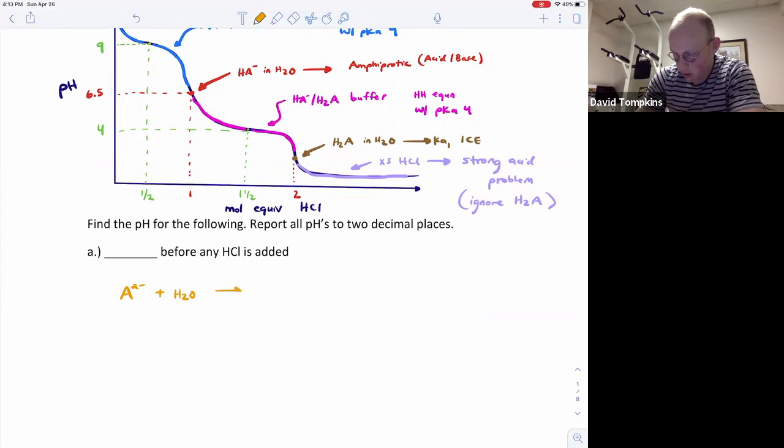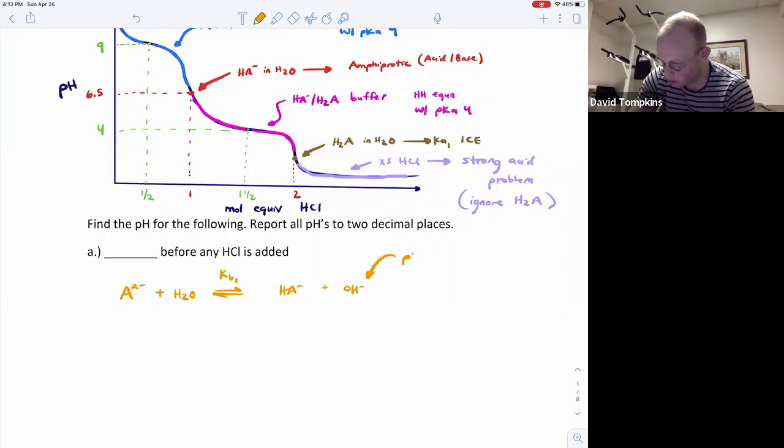And when two weak things react, it's an equilibrium arrow, where there will be an equilibrium constant, Kb1. And it will associate once, and that's what produces hydroxide. So the net production of hydroxide is what tells us that the pH is going to be basic.